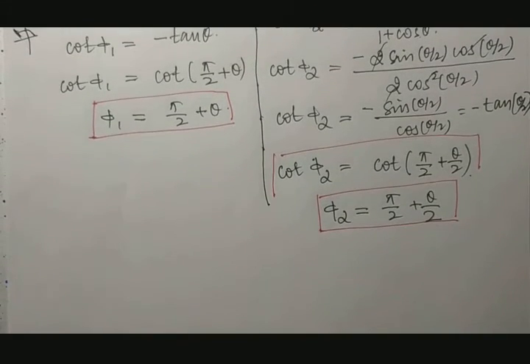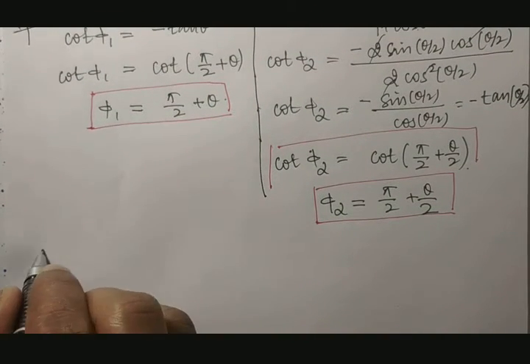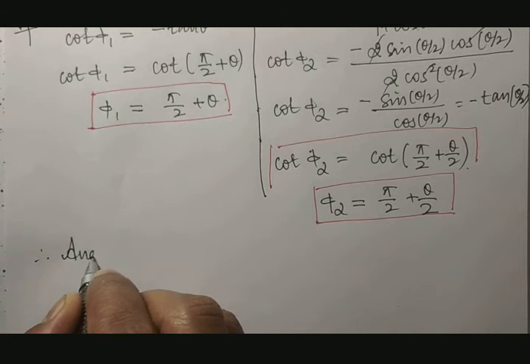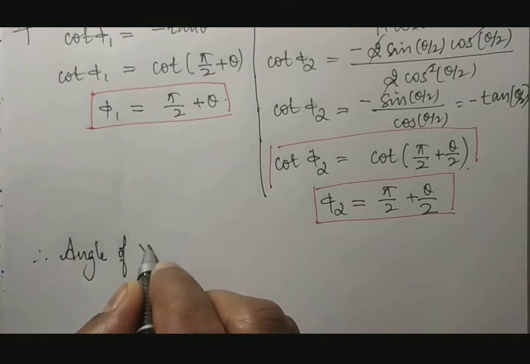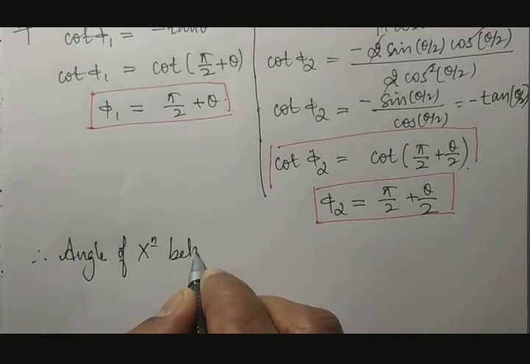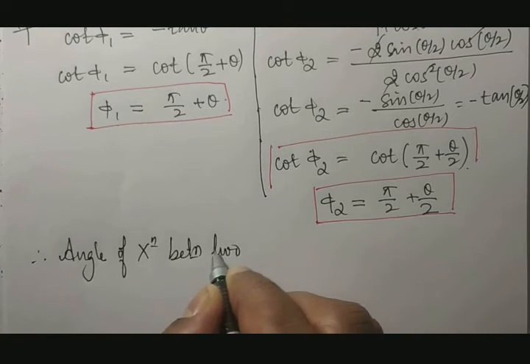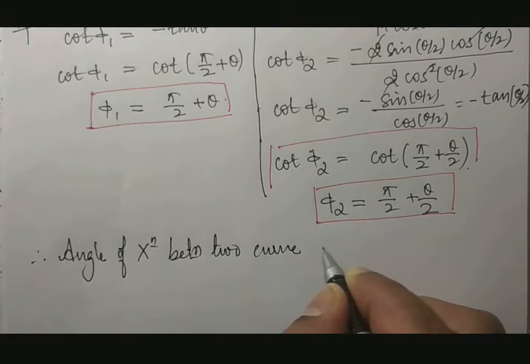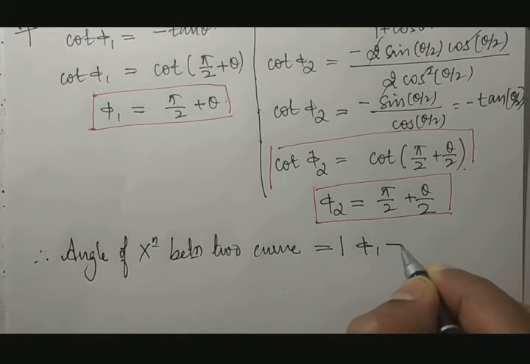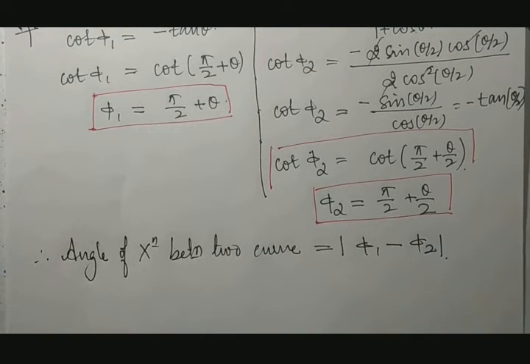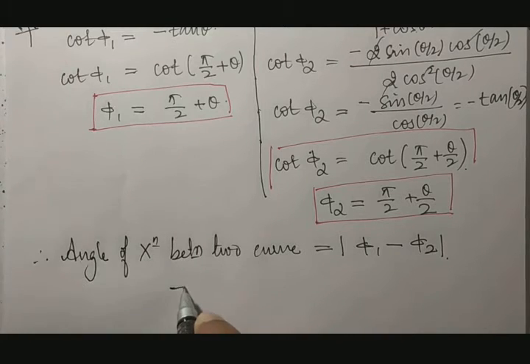Therefore, what else is required? We need to obtain the angle of intersection. Therefore, the angle of intersection between two curves is equal to mod of phi 1 minus phi 2.